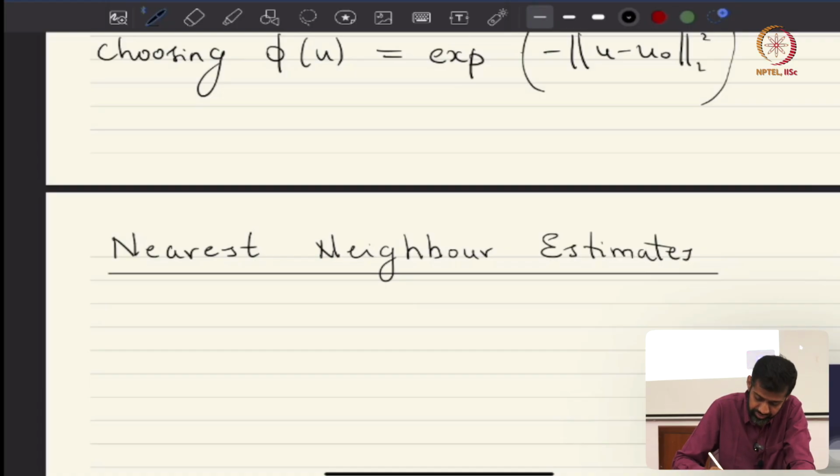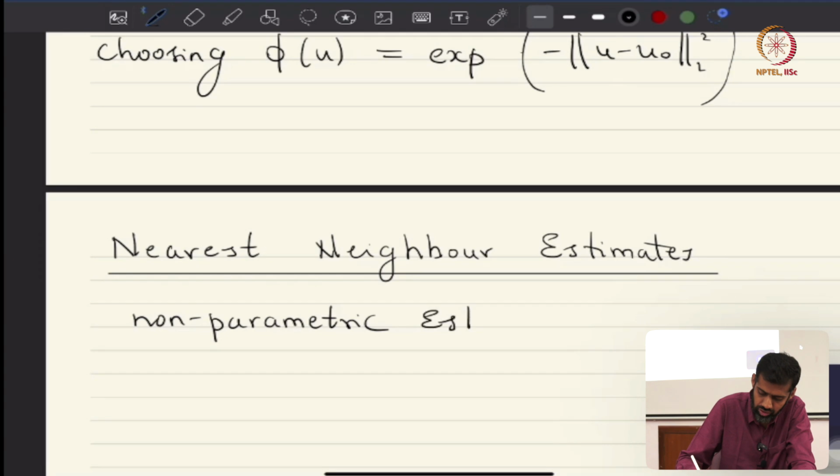Okay, so let us look at the next variant of this, which is the nearest neighbor estimate. It is a non-parametric density estimate, where, what did we do in the last case?